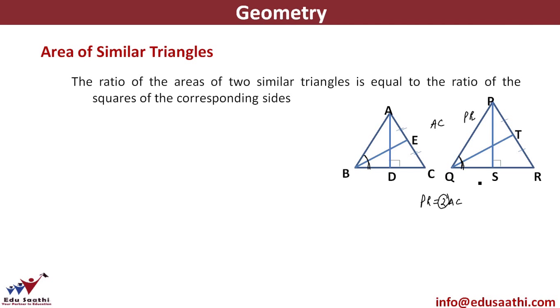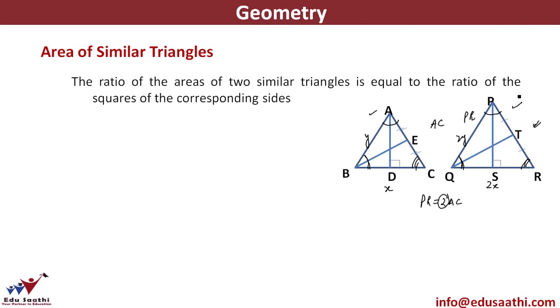All the other sides of this triangle would be double of the corresponding sides of this triangle. So if I say angle A and angle P are same, and this BC is X, QR will be twice of X. All the three sides of the second triangle would be double that of the first. If angle C is equal to angle R and I call this side Y, this will turn out to be 2Y.